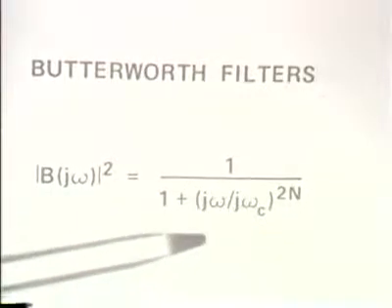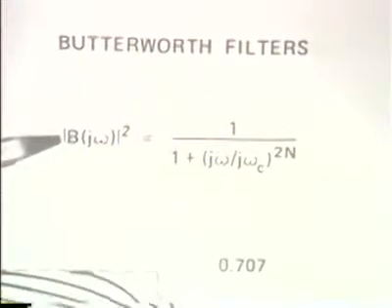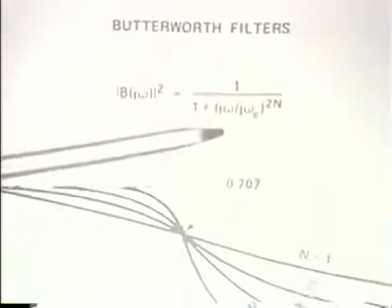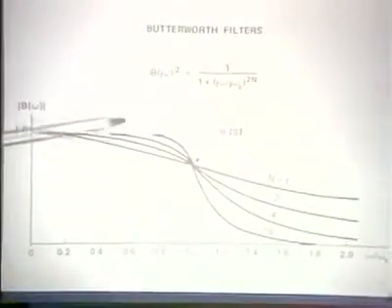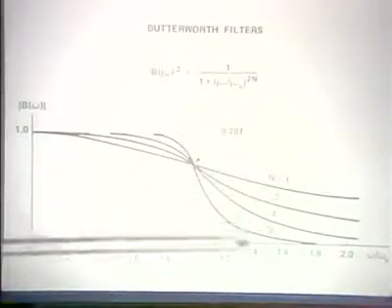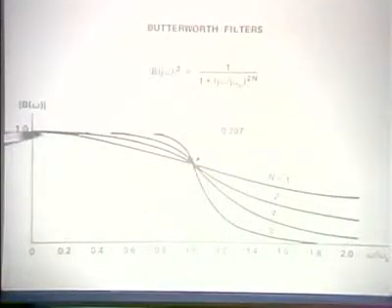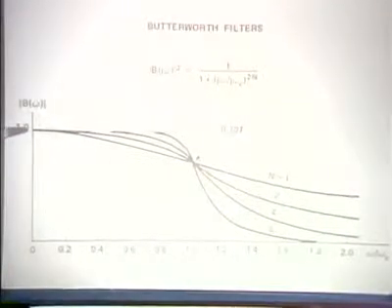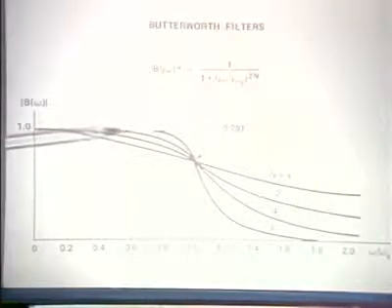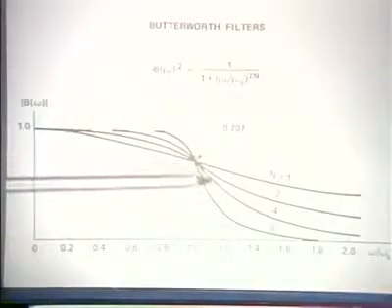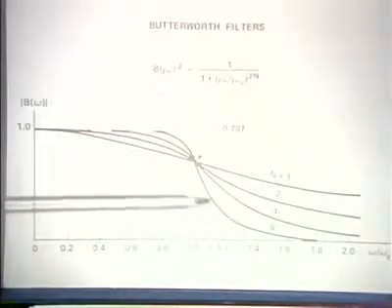Now, if you look at the frequency response, B of omega, for this class of filters, I've illustrated that below. What we see is that the frequency response starts at unity, because that's the way that it's normalized. And it has a monotonic characteristic in the pass band and in the stop band.